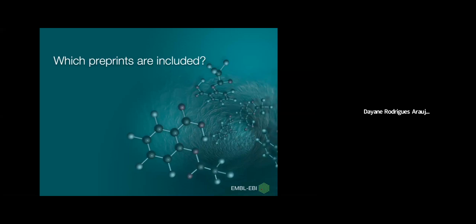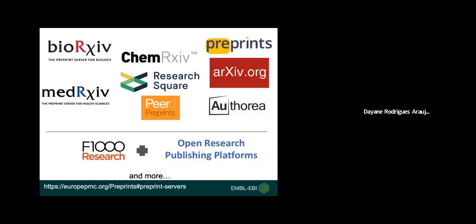So you might be wondering which preprints are included in Europe PMC. Currently, Europe PMC indexes metadata and abstracts from 17 preprint servers, including bioRxiv, medRxiv, ChemRxiv, Research Square, PeerJ Preprints, Preprints.org, arXiv, Authorea, SSRN, and others.